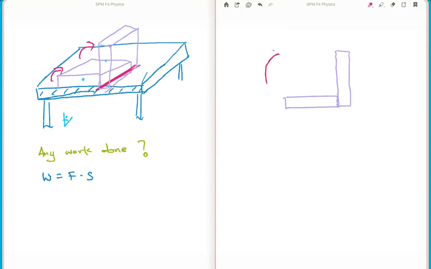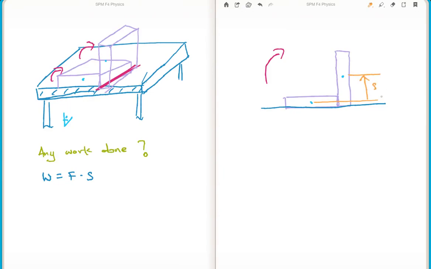When it flipped to here, what happened? The center of gravity is actually being raised from my base. This is my reference, this is my 0. So here to here, there's an increase.